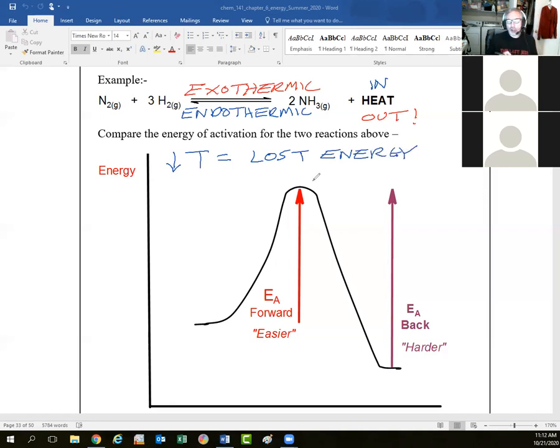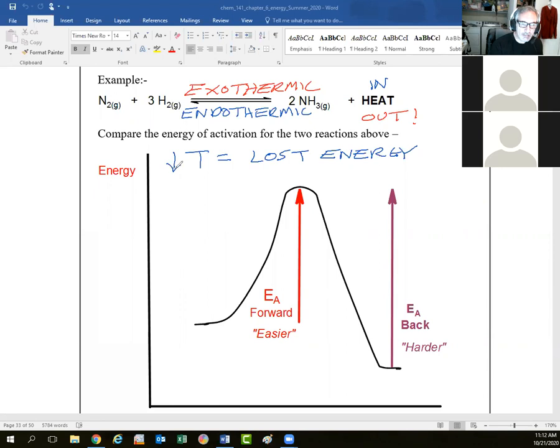And remember, the job of the system is to compensate for any disturbance, compensate for any change. So when temperature drops, when we lose that energy, we favor the reaction which will replace the energy lost. And a reaction which replaces energy, the reaction which produces energy, is the exothermic reaction.